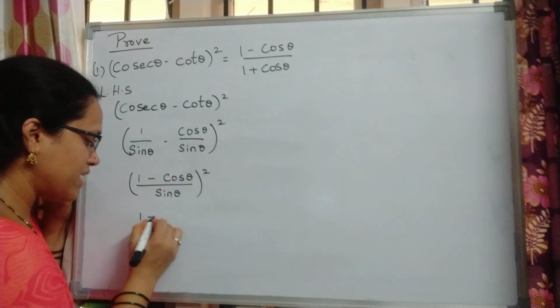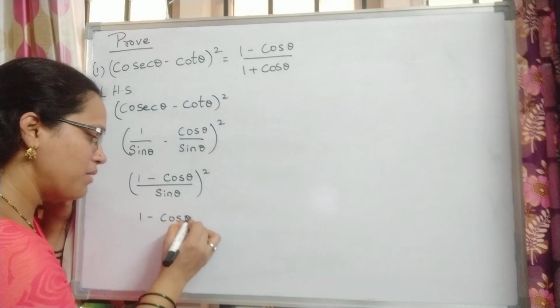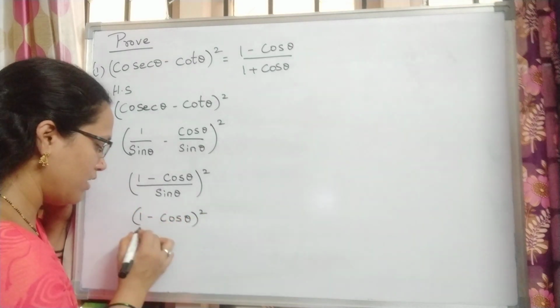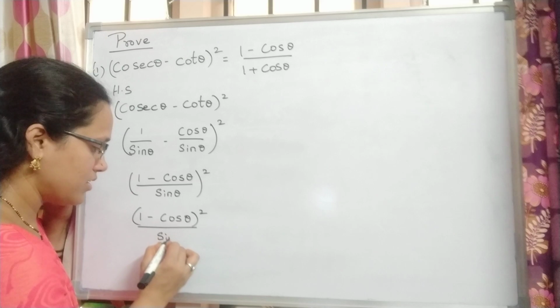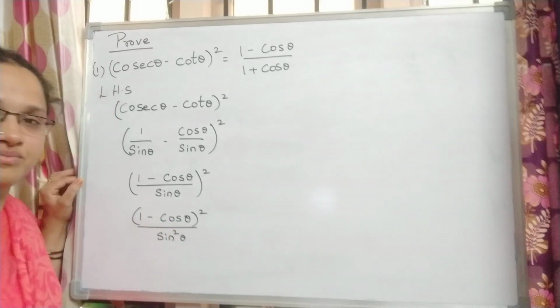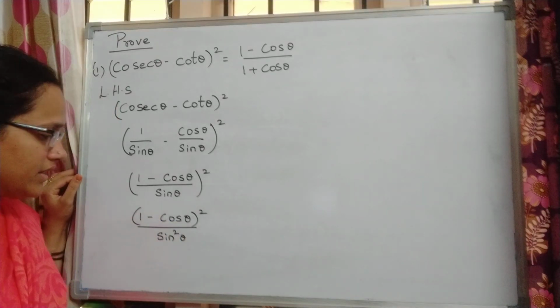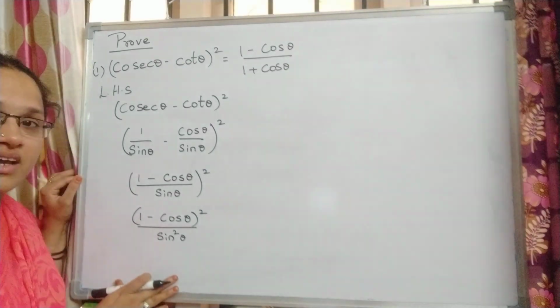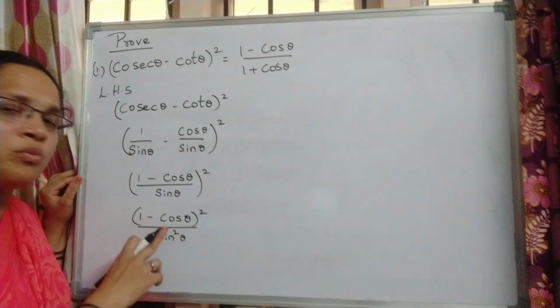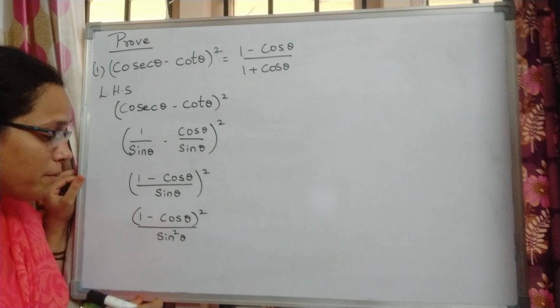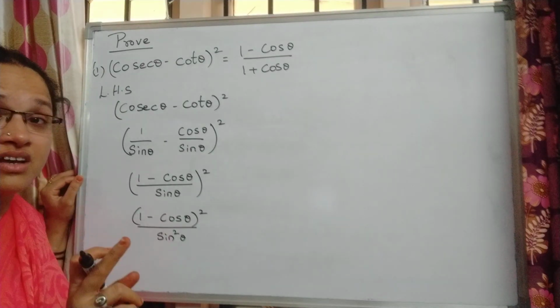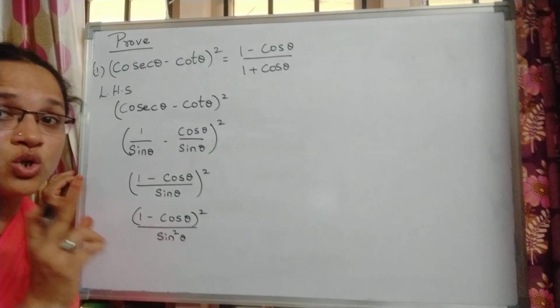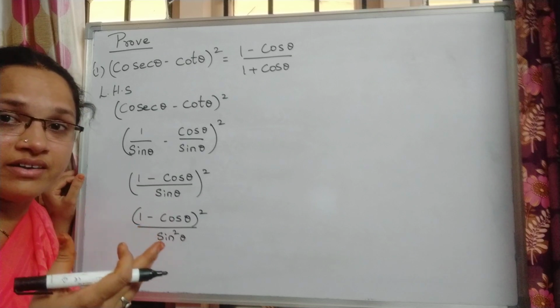So I am going to separate that now: (1 minus cos theta) whole square by sine square theta. After this, you should think: the numerator is in the form of cos, but the denominator is in the form of sine, so it is now sine square. You should recollect your identities.